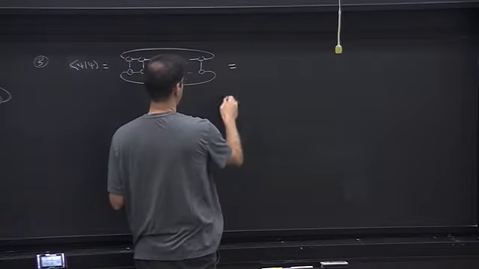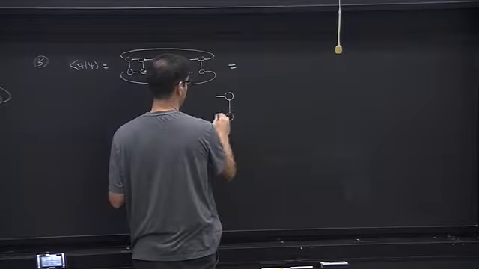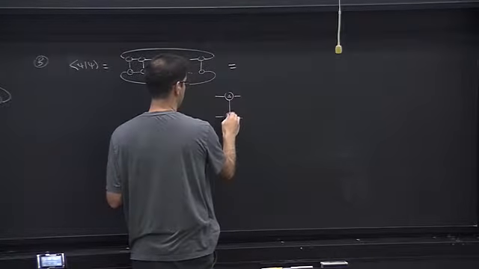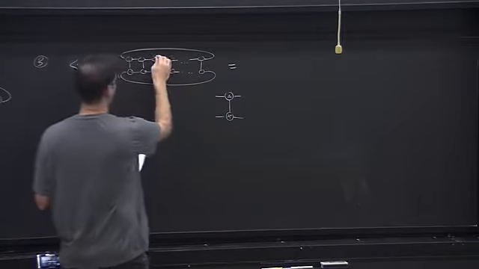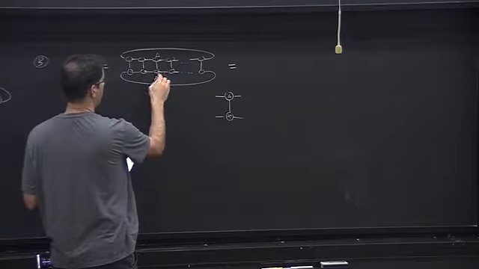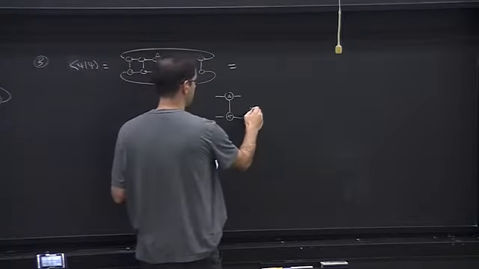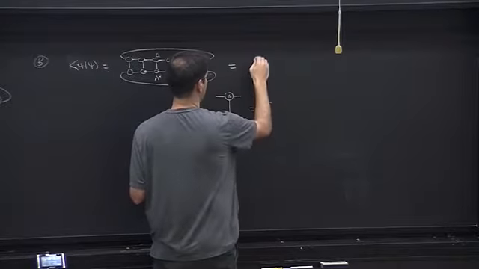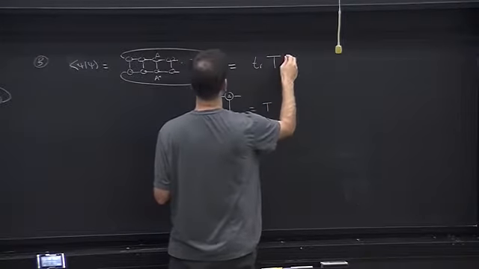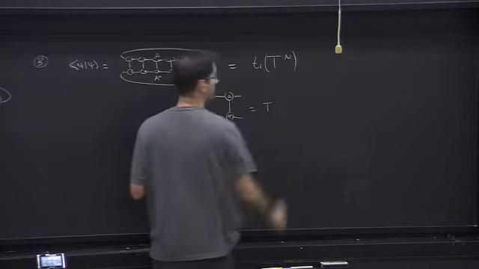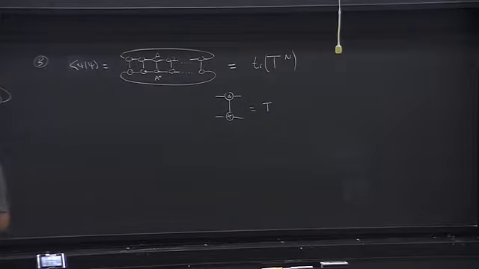Well, let's make the observation that if we define a transfer matrix, this is A star, but this A is everywhere. So let me call this T, then what we have is that this is the trace of T to the n. The norm of the state is the trace of T to the n.